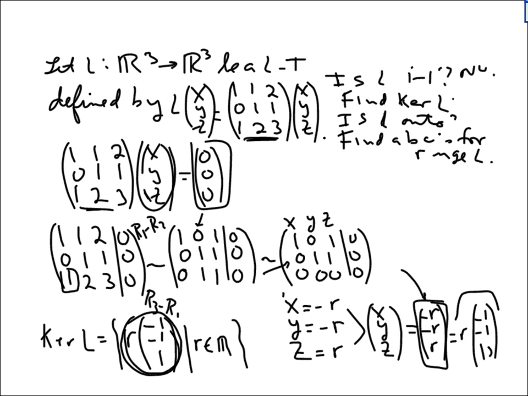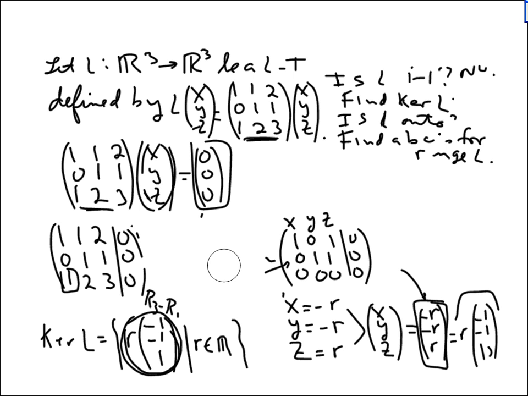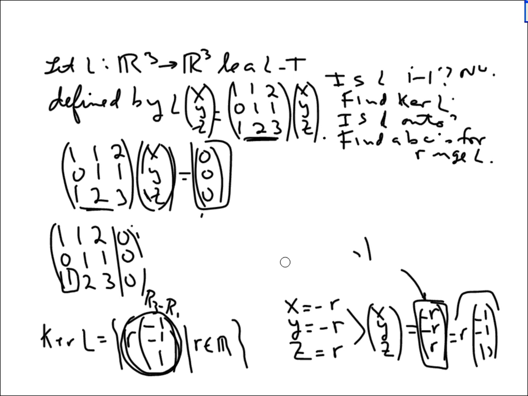Now, is it onto? Well, I guess what we should have done was the following. Not only do I want to know what I multiply matrix A by to get 0, 0, 0, but I also want to know what I multiply matrix A by to get an arbitrary element of R3, namely ABC.